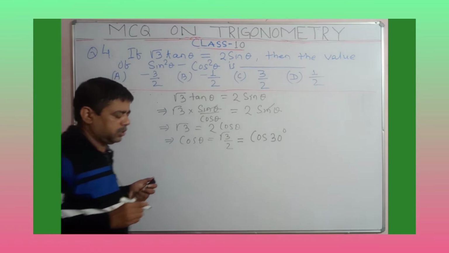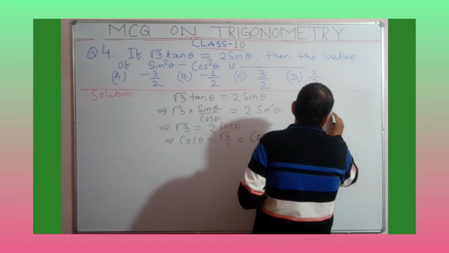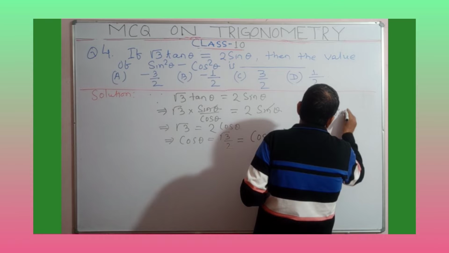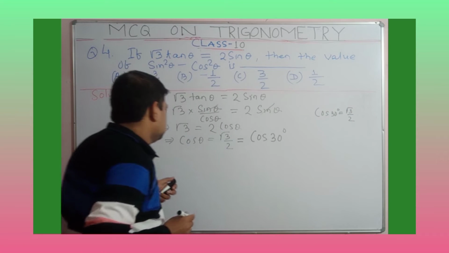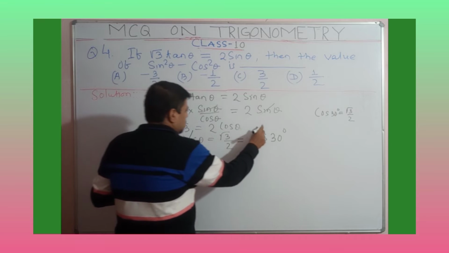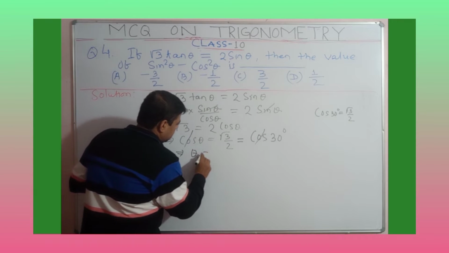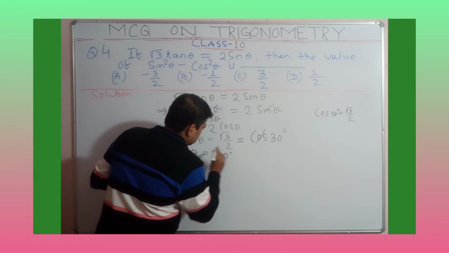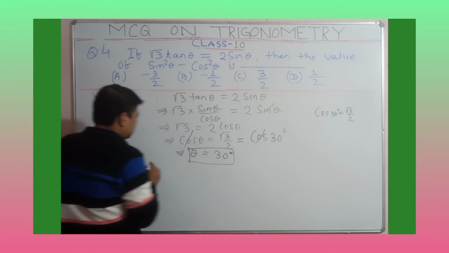All of you know. Am I wrong? So here cos will be cancelled on both sides, and after cancellation we will get theta is equal to how much? 30 degree. So we get the value of theta.